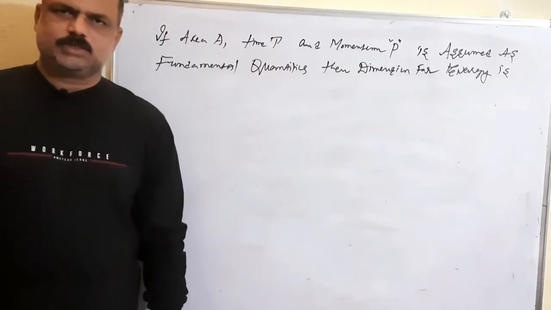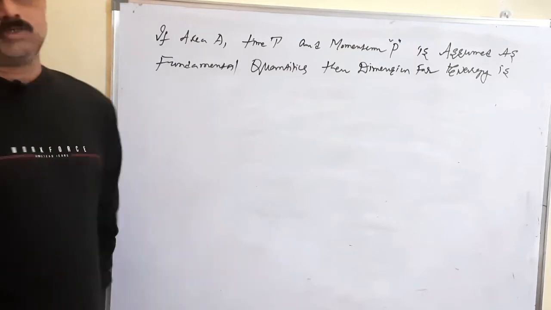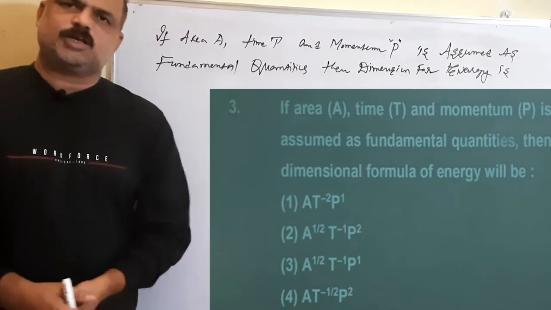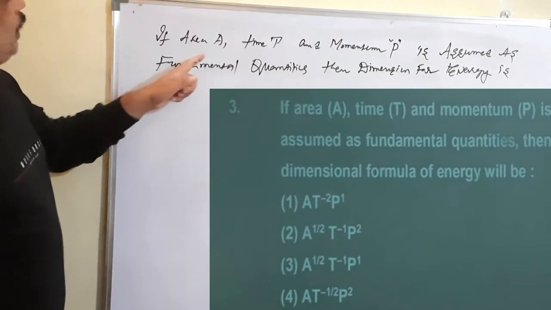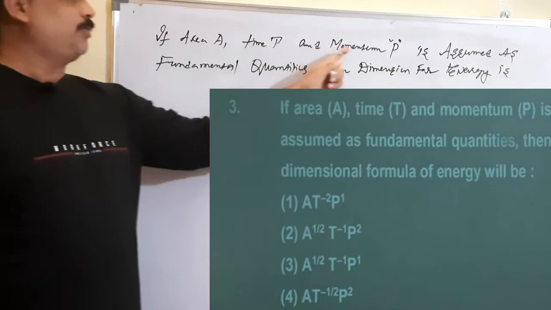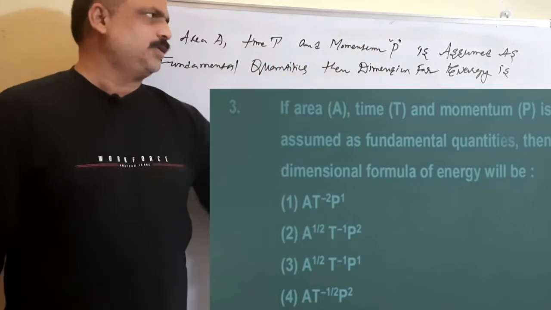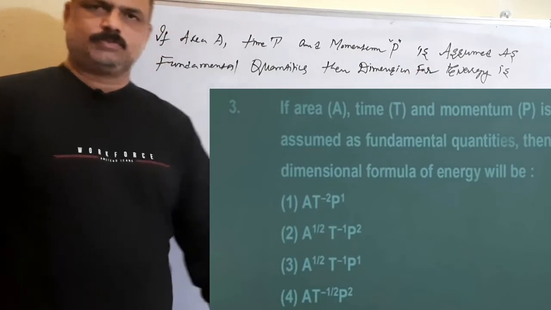So now let us discuss another question. This type of question was asked in shift 1 also, from the units and dimensions chapter. If area A, time t and momentum p are assumed as fundamental quantities, then what is the dimensional formula for energy?